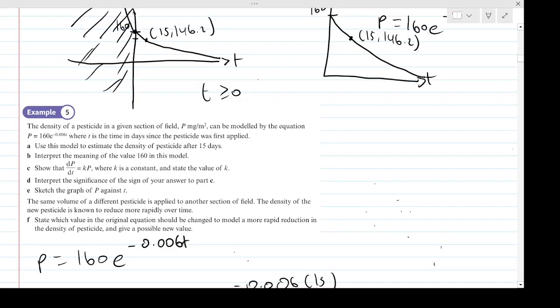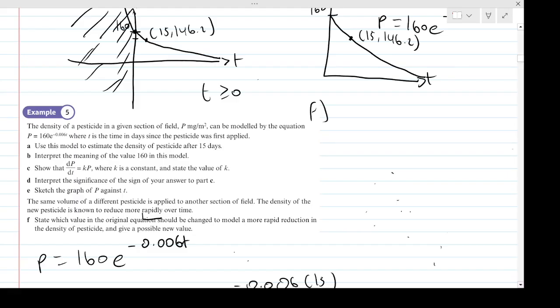Anyway, then it says the same volume of a different pesticide is applied to another section of field. The density of the new pesticide is known to reduce more rapidly over time. State the value of the original equation that should be changed to model this. Okay, so there's a different pesticide now, and we're told it reduces more rapidly over time.